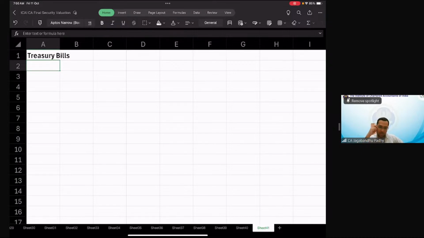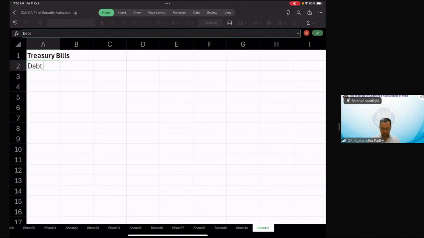Okay. Now these treasury bills are short-term instruments which are used by government to raise funds for the immediate or short-term requirement. And these are like temporary sources of funds for the government, and they don't have any sort of coupon. The peculiarity of this treasury bills is these bills are basically the debt of government.